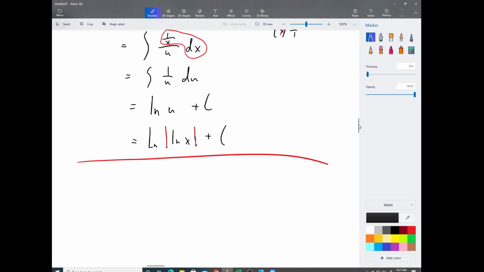Now let's do a little bit of trig. Now, my next few examples have to do with trig. There are some tricks I would expect you to be able to just see it and go for it.